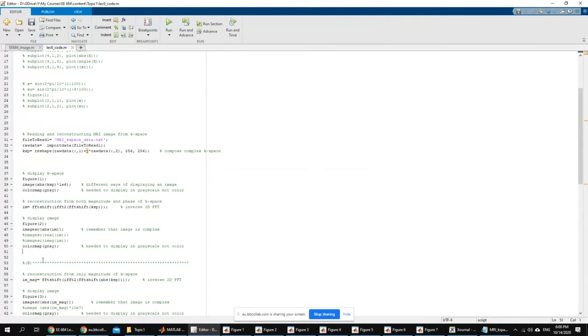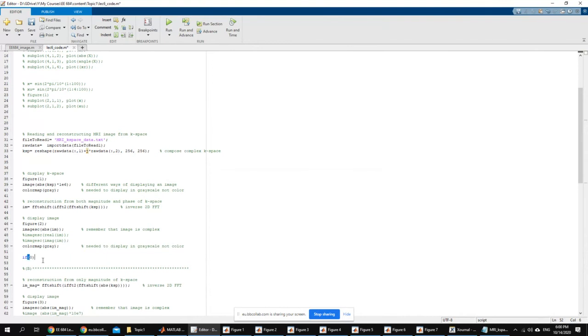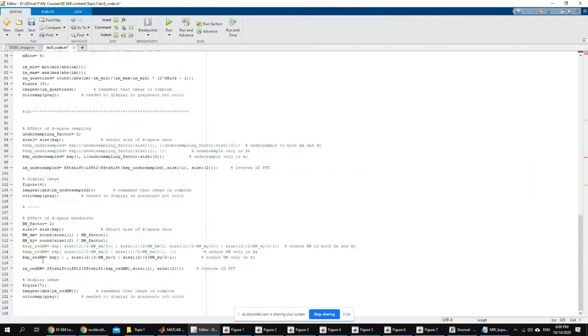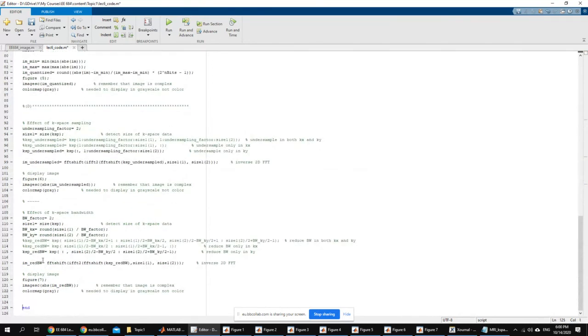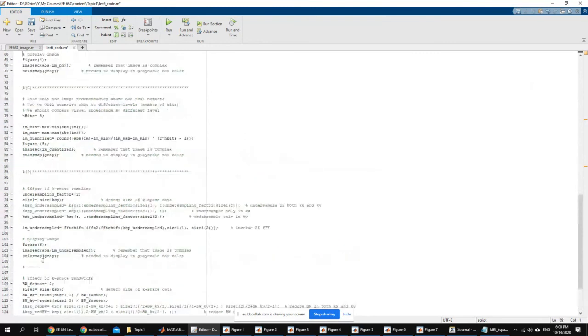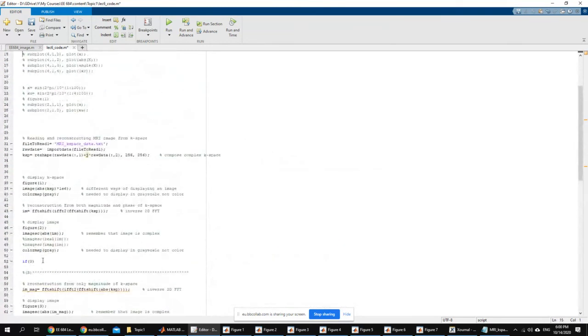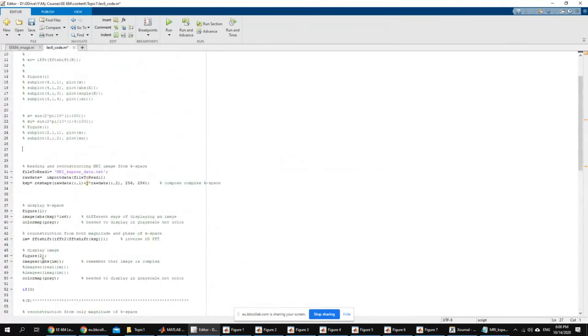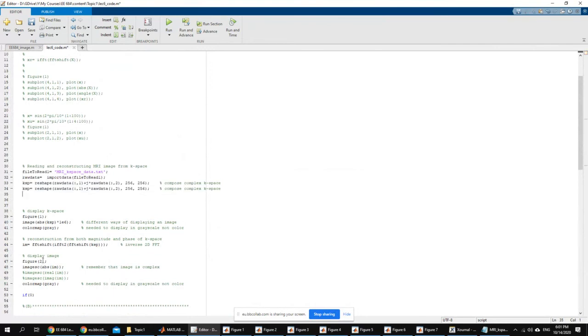I'm just going to add 0 here so that we can read the data and the image. What I'm going to do now is take that, let's call it K-space 1, and this is K-space 2. For K-space 2, I'm going to multiply the first one by j and leave the second one as is.